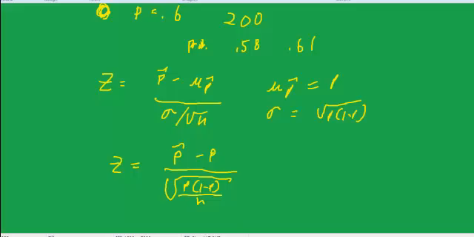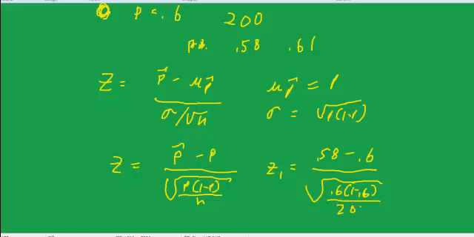Okay, so in this case our p is 0.6. Our first p hat, that is one boundary for the sample proportion, is 0.58. So z1 is equal to 0.58 minus the true p, 0.6, over square root of 0.6 times 1 minus 0.6 all over 200.